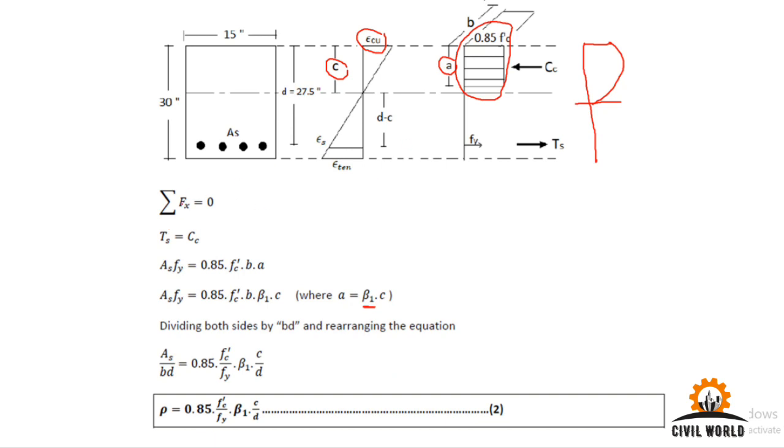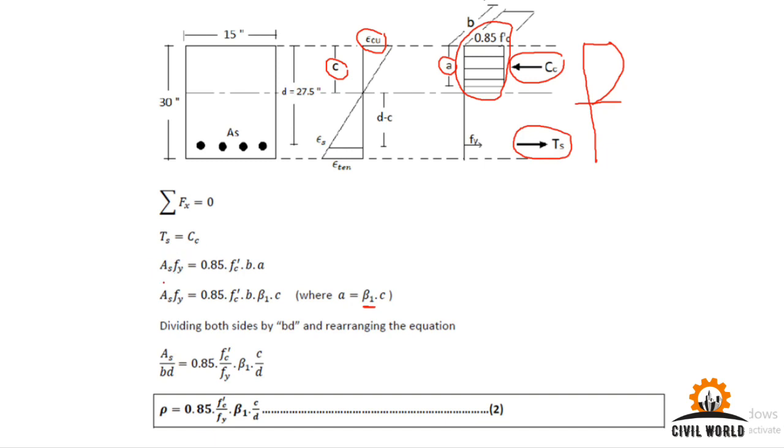Okay, so for force equilibrium, we have the total compression force in concrete and the total tensile force in steel. We'll take both equal for force equilibrium. So tensile force in steel is equal to compressive force in concrete.